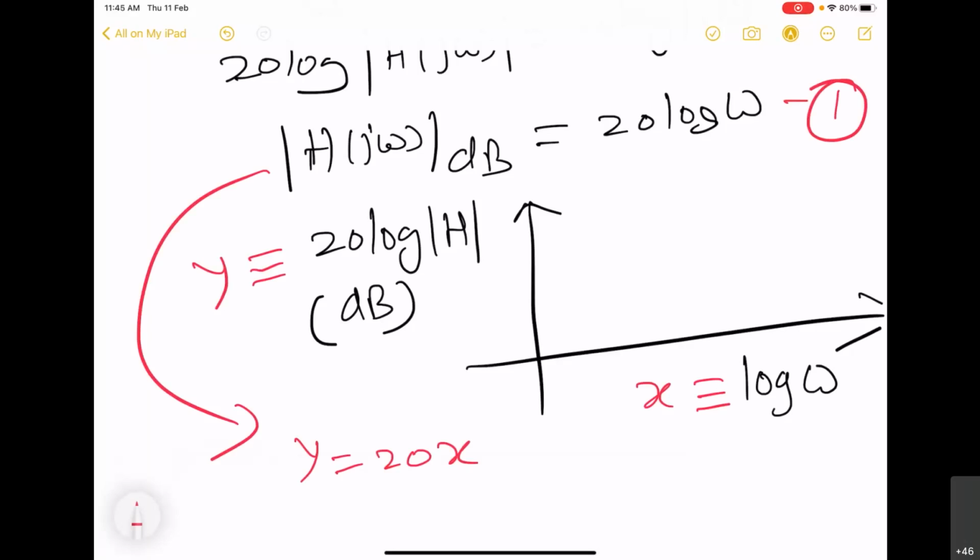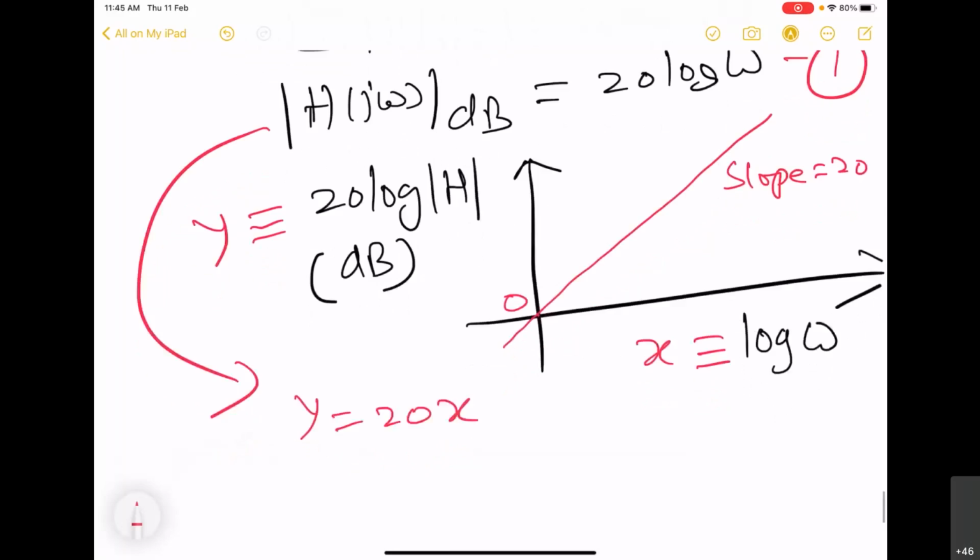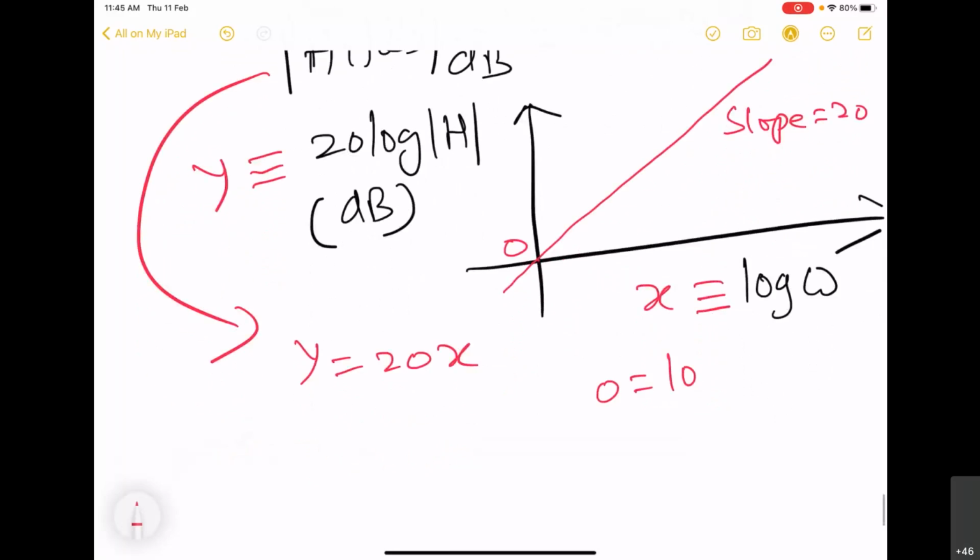So this plot on the log axis is going to be a straight line with slope 20, and it will pass through the origin. But now the origin is log omega equals 0, which implies that omega is equal to 1. So on this log axis, 0 does not mean omega is equal to 0, rather it means omega is equal to 1.